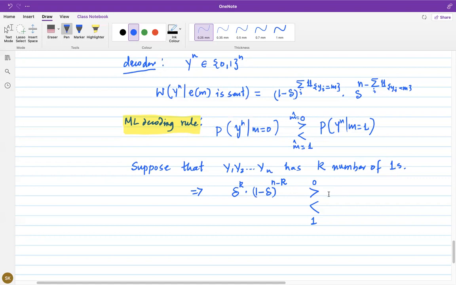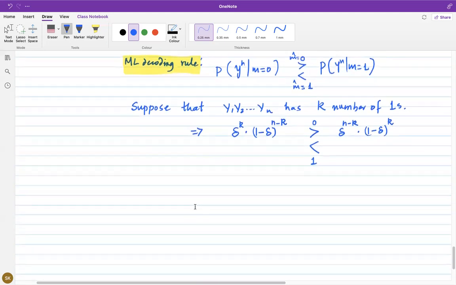So the probability for that is given by the quantity here, which is delta to the power n minus k, because you have things flipped at n minus k locations from 1 to 0, and 1 minus delta simply to the power k. Okay, so therefore if you try to solve this, you get something like this.